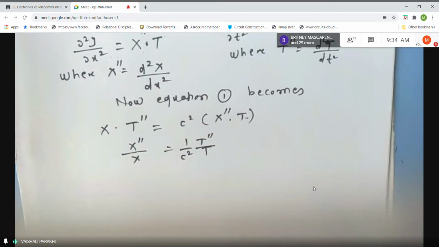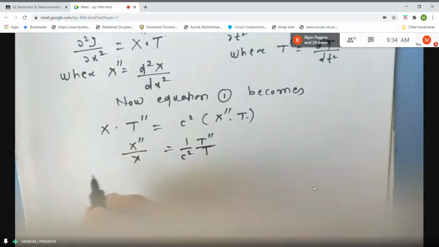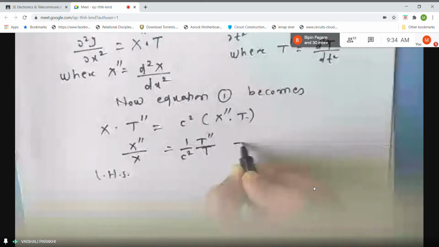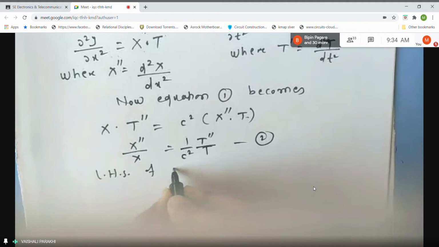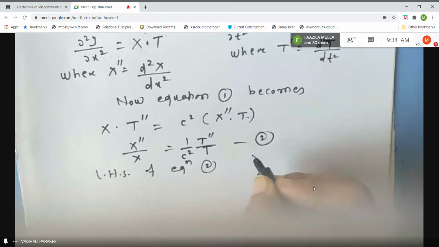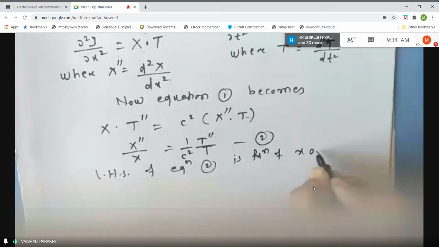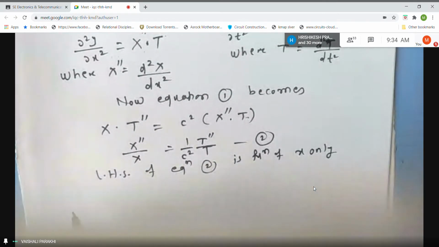Why is this done? Because the left hand side of this equation, suppose this is equation number 2, the left hand side of equation 2 is a function of x only, correct?